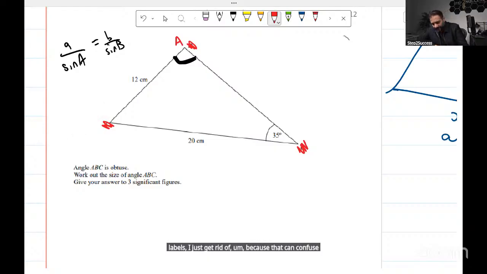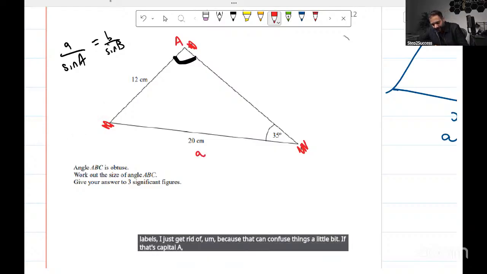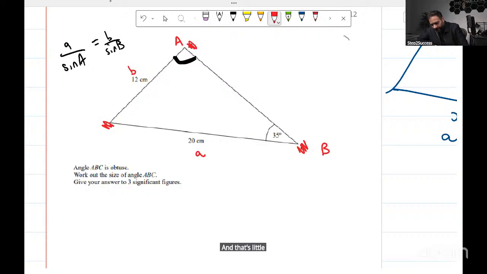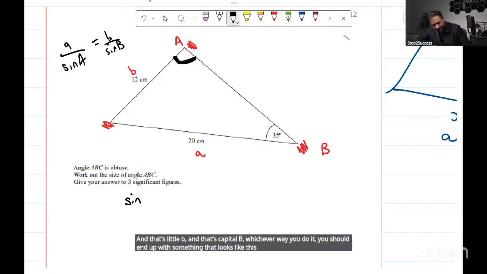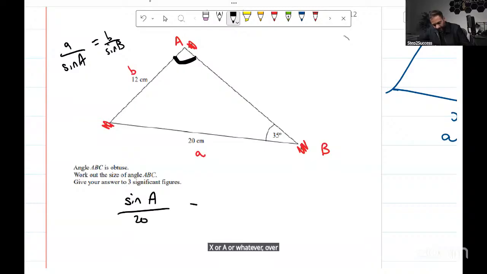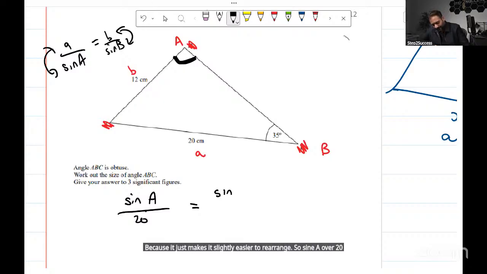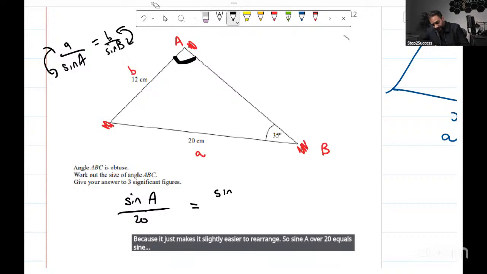If that's capital A, this is little a, and that's little b, and that's capital B. Whichever way you do it, you should end up with something like sine A over 20 equals sine 35 over 12. When you're working out an angle, you're better off flipping the formula over as I have just done, because it makes it slightly easier to rearrange.